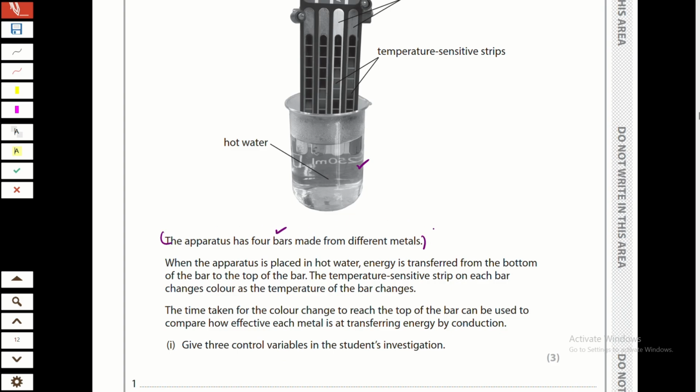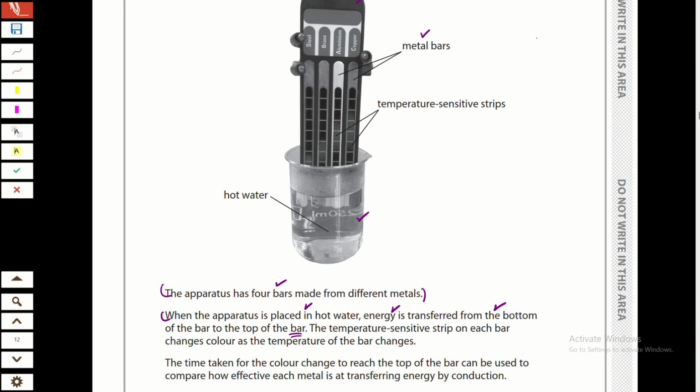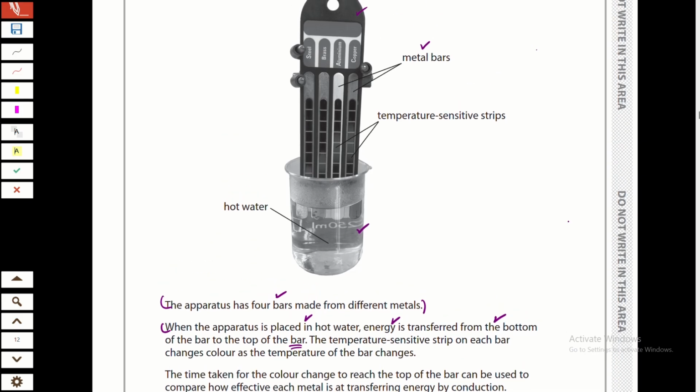When the apparatus is placed in hot water, energy is transferred from the bottom of the bar to the top of the bar. So these bars conduct heat from the hot water, and the heat energy is transferred from the bottom to the top.